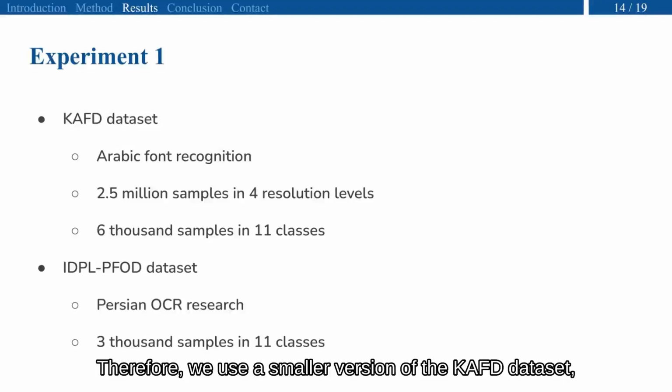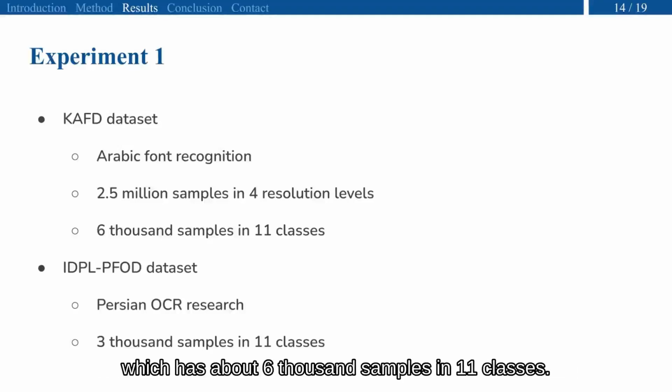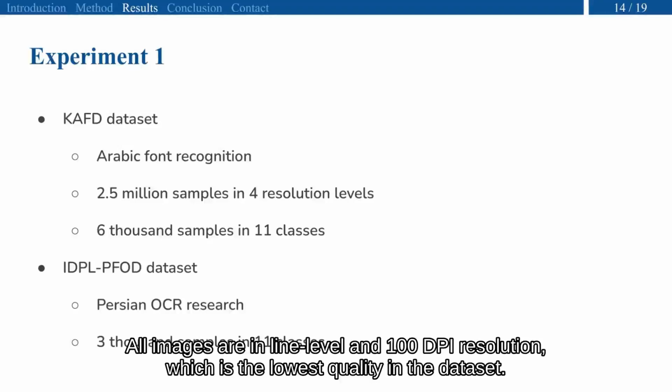Therefore, we use a smaller version of the KAFT dataset, which has about 6,000 samples in 11 classes. All images are at line level and 100 dpi resolution, which is the lowest quality in the dataset.